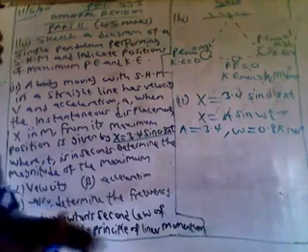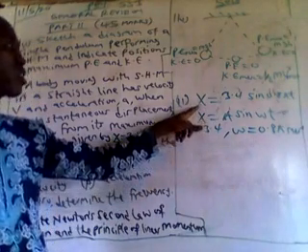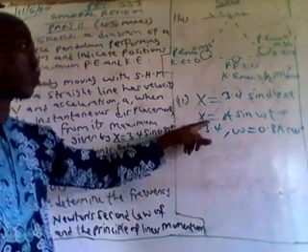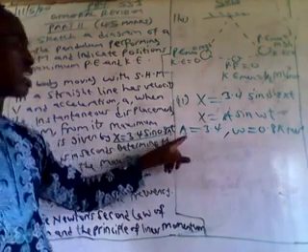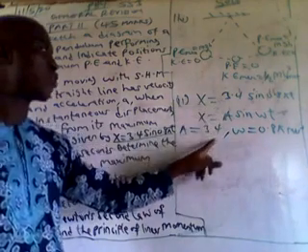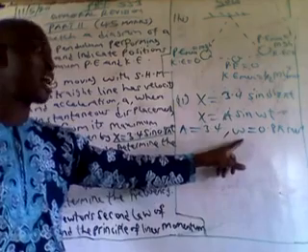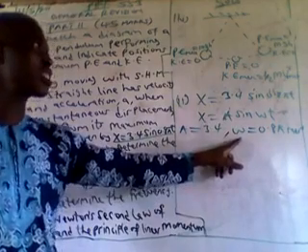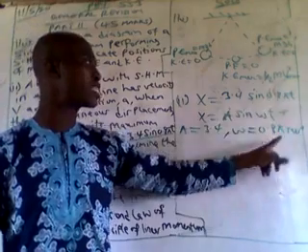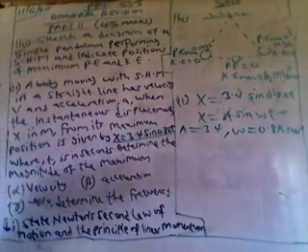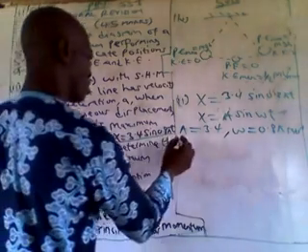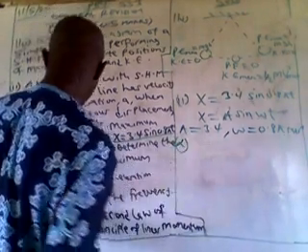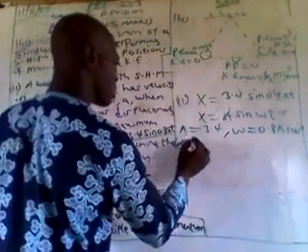By the time you compare the given question to the general equation, we discover that A is 3.4 and omega, the angular velocity, is 0.85.